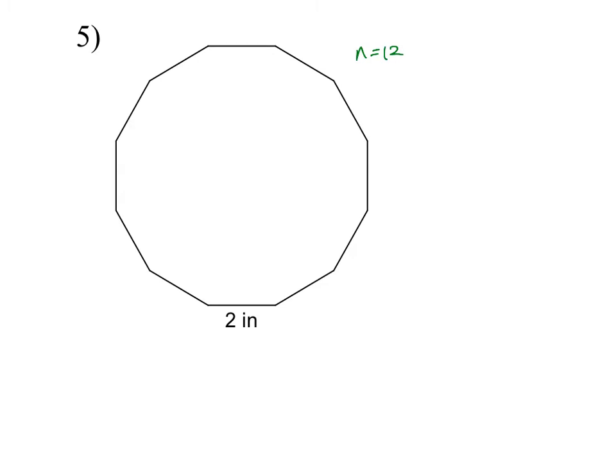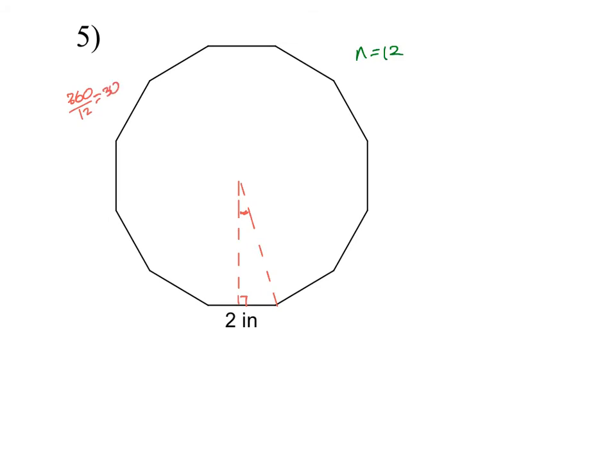I'm going to look for this measure right here, knowing that this is a right triangle. First of all, I need to find this angle. Remember that I can find it by dividing 360 by 12. So that angle is 30.